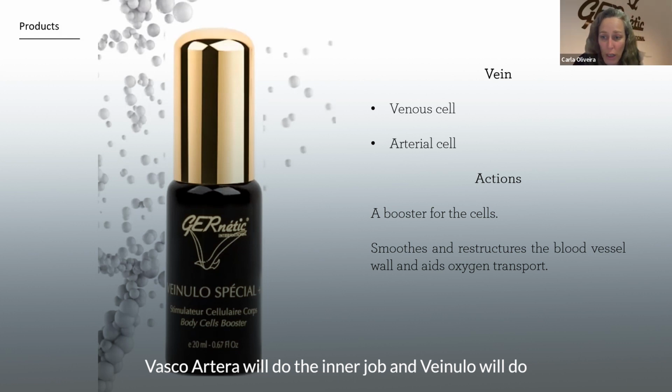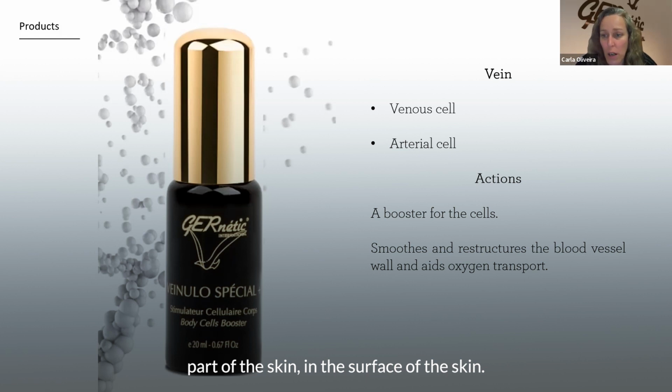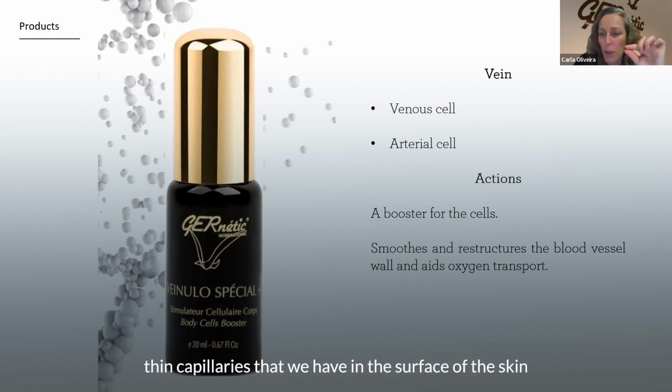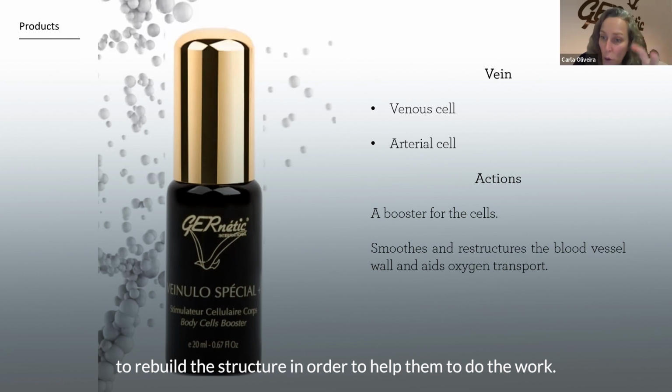Vasco Artera will do the inner job, and Veinulo will do the outer job, in the peripheral part of the skin, on the surface of the skin. So it will improve the very thin capillaries that we have on the surface of the skin, nourishing them and rebuilding the structure in order to help them do the work.